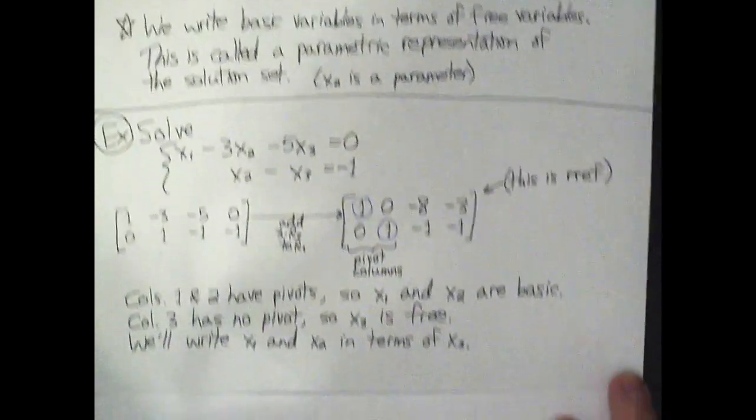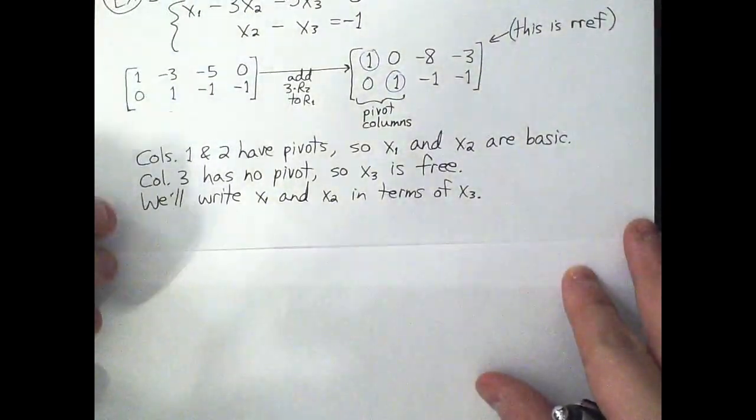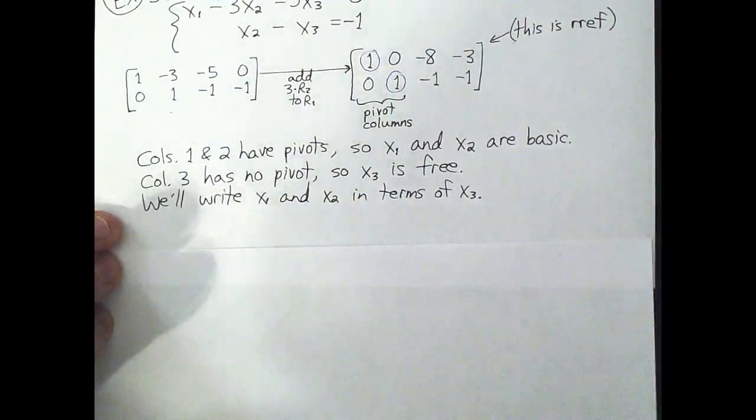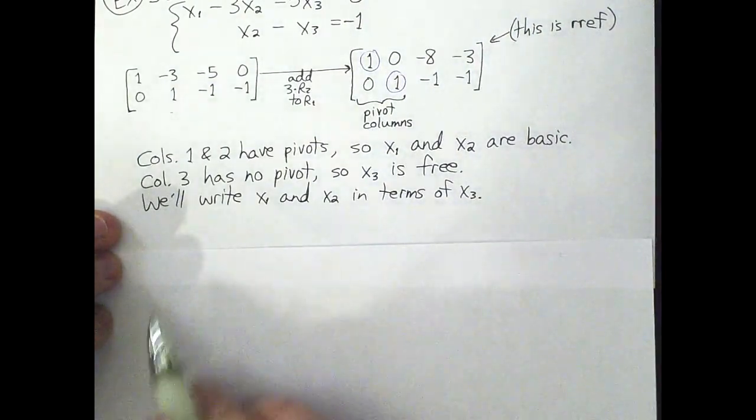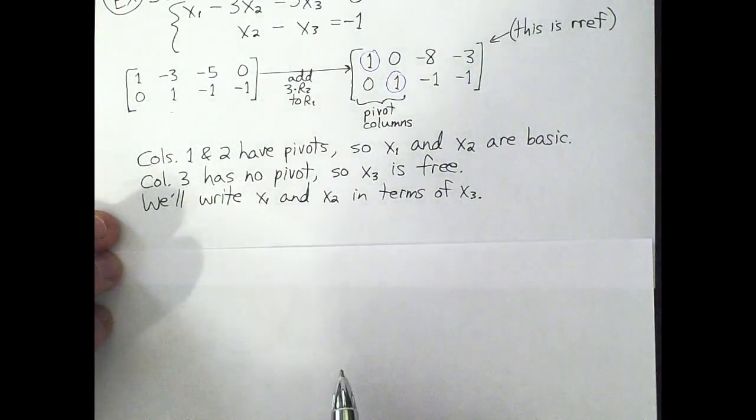As soon as you know that there's at least one free variable, it means there's infinitely many solutions, and you have to come up with some way of writing the solution set, which we are calling a parameterization of the solution set, or a parametric representation.